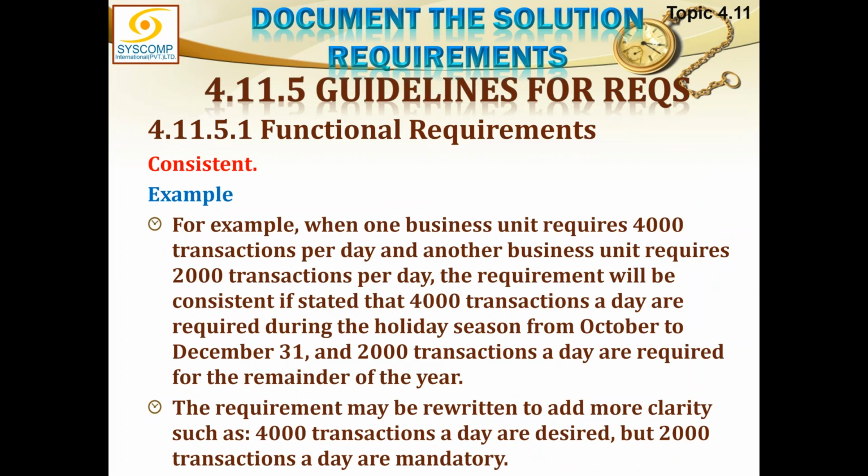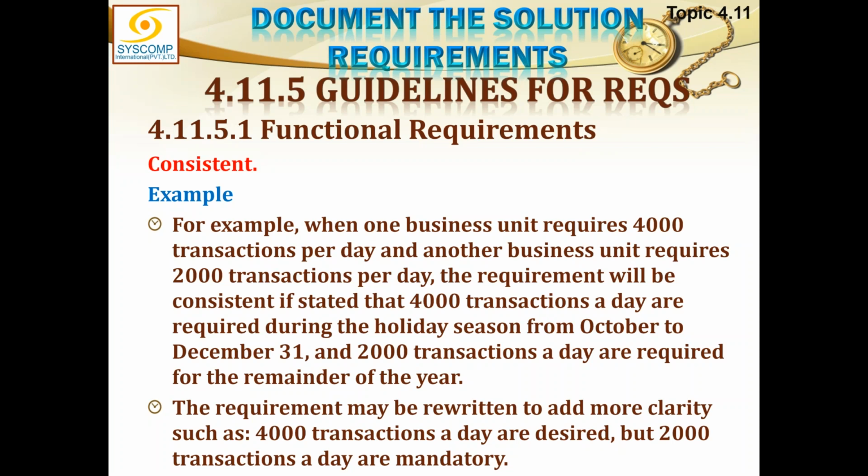An example is when one business unit requires 4,000 transactions per day, and another business unit requires 2,000 transactions per day. The requirement will be consistent if we state that 4,000 transactions a day are required during the holiday season from October to December 31st, and 2,000 transactions a day are required for the remainder of the year.